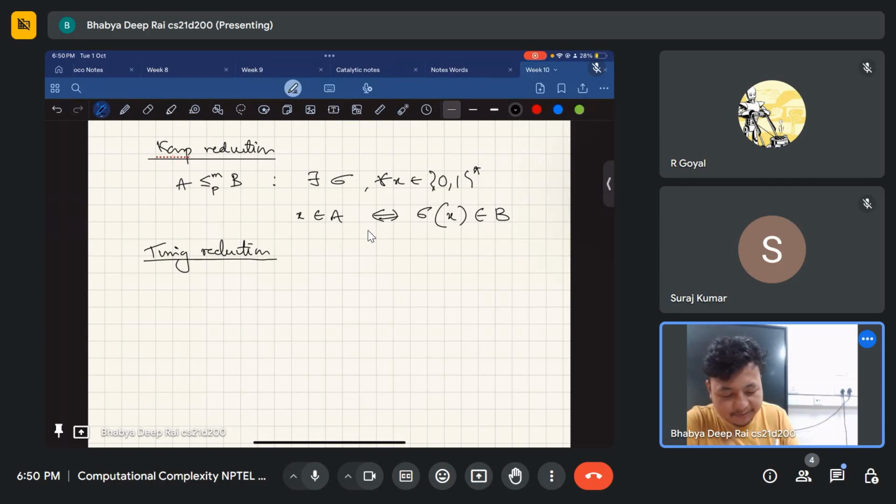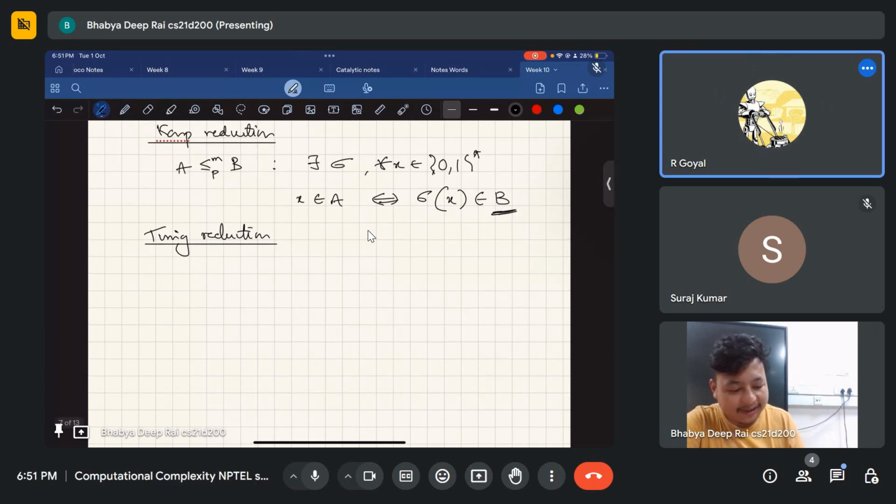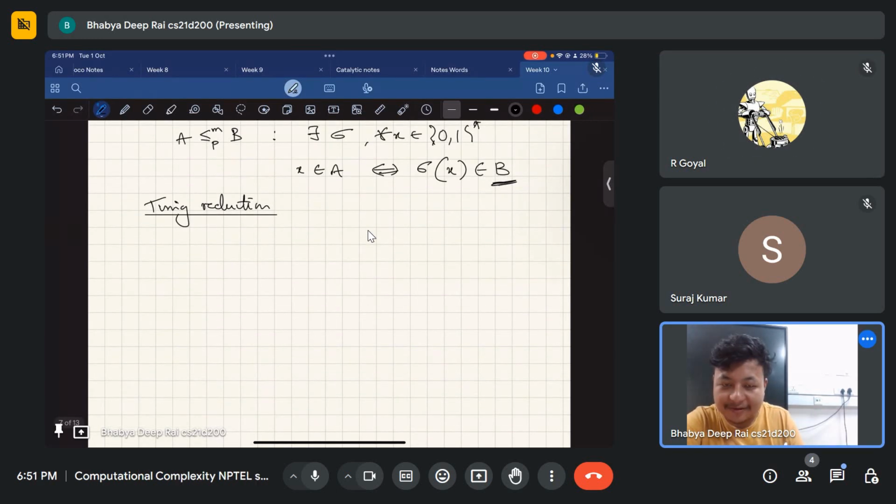It talks about what if I'm allowed to use B several times. Now you have the concept of oracles. Turing reductions say that let's not be too harsh. Let us relax the condition that we can use the B solver only once.